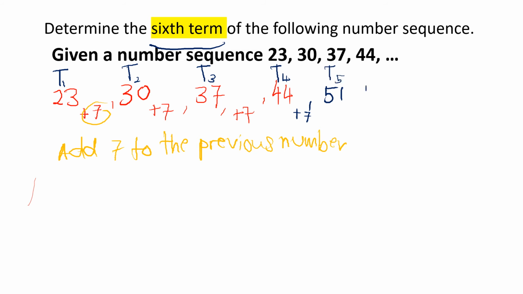And we need to find the 6th term. 51, we proceed with the pattern. 51 plus 7 is 58. So the answer is 58, the 6th term. T6 equals 58.